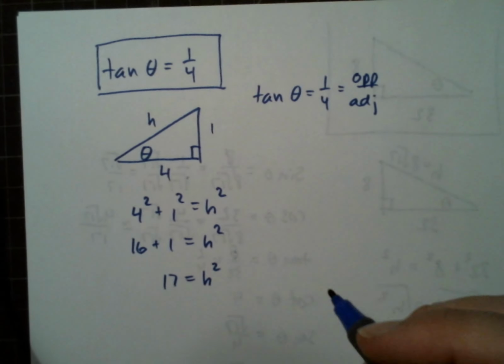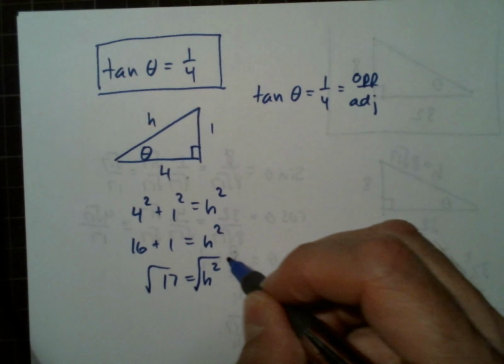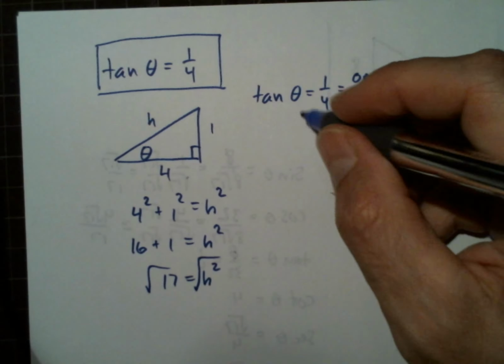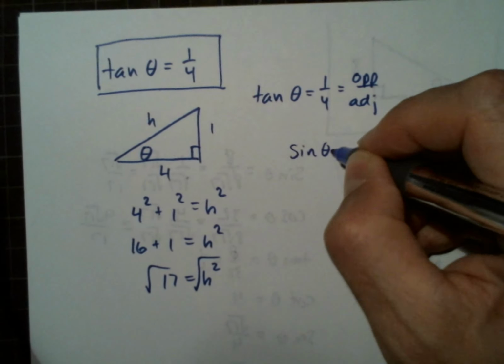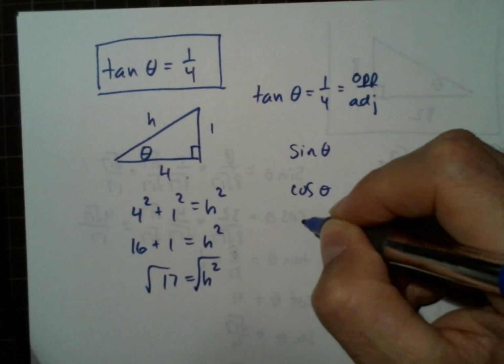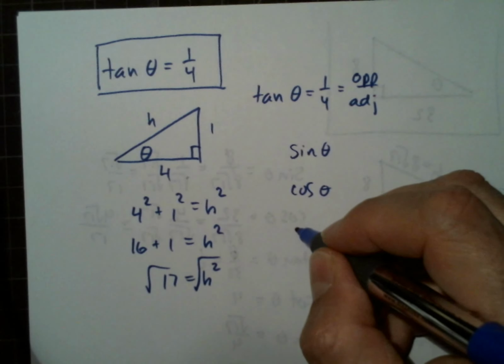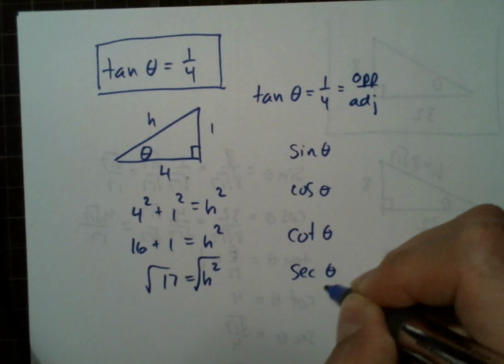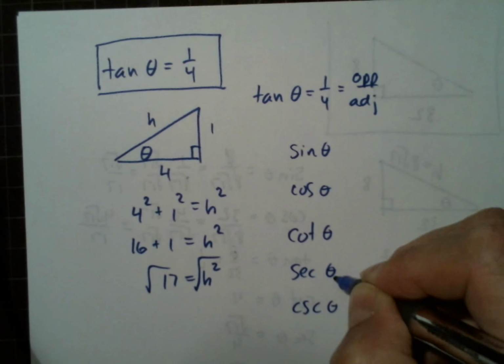We get 17, and we will square root both sides, so radical 17. And we already know tangent, so let's do sine. Cosine. Tangent, we already know. Cotangent, secant, cosecant.